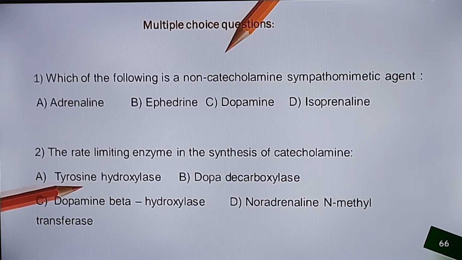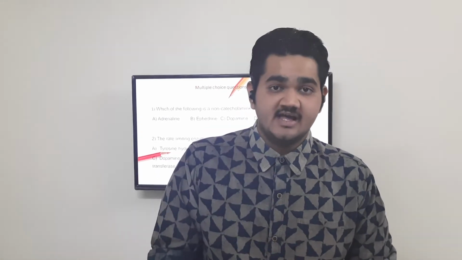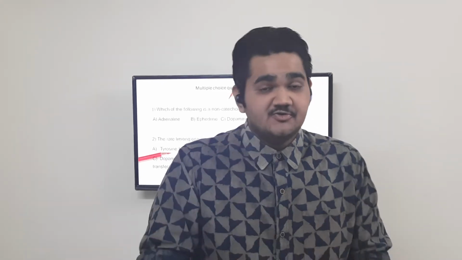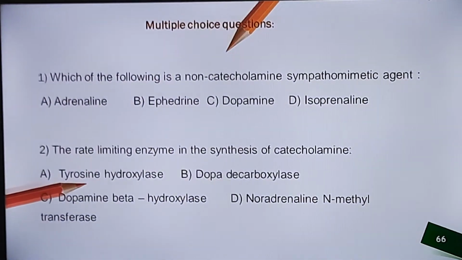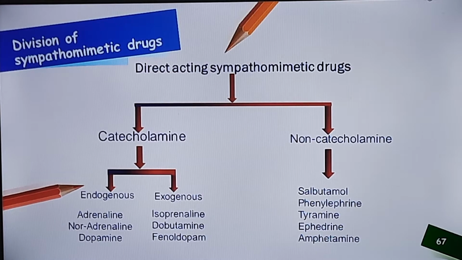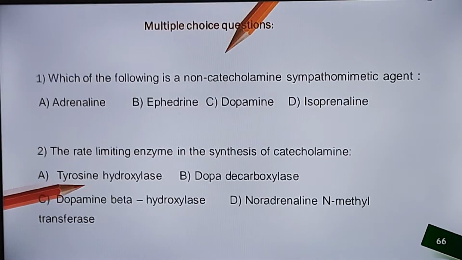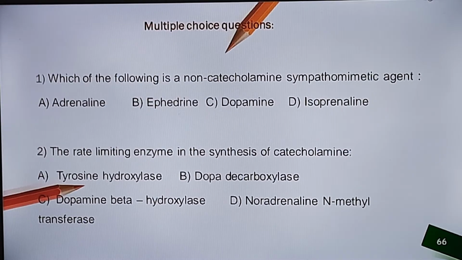Now अगर मैं यही क्वेश्चन को थोड़ा सा ट्विस्ट कर दूं, जैसे अगर ये क्वेश्चन में आपको पूछा जाता कि which of the following is an example of endogenous catecholamine, सो वहां पे you will have correct options as adrenaline and dopamine, because adrenaline and dopamine belong to the category of endogenous catecholamine. और एक क्वेश्चन इसमें से बन सकता है जैसे which of the following is an example of exogenous catecholamine sympathomimetic agent.